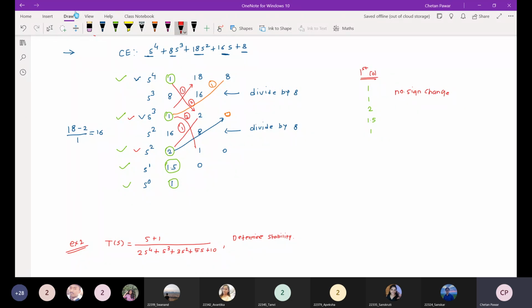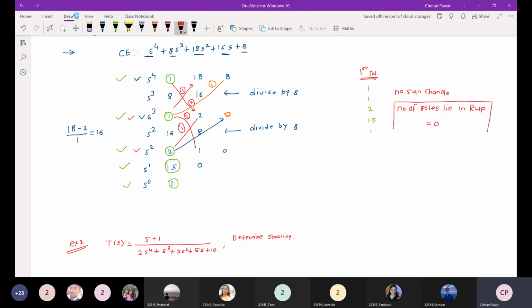So we can say that the number of closed loop poles that lie in the right hand side of the S plane will be equal to 0, because we are considering the characteristic equation only.